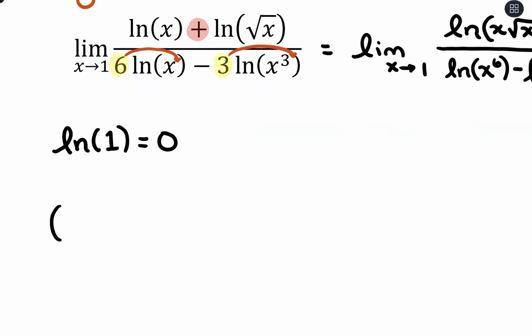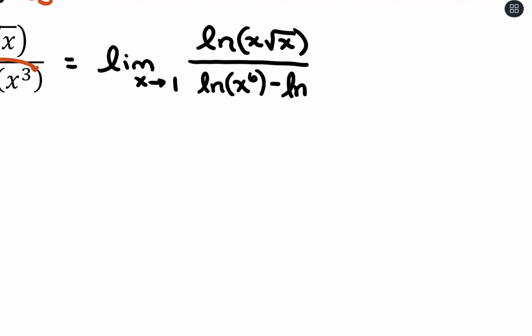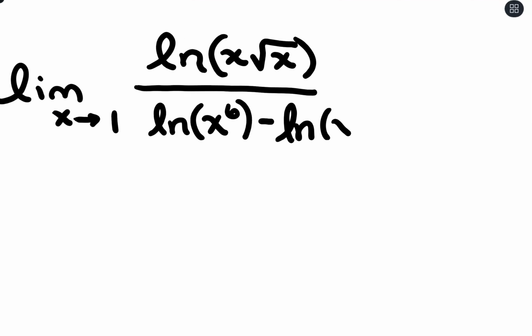So we'll have x cubed, and when we have a power to a power, we multiply. So that's really going to be the logarithm of x to the 9th. Okay, so that numerator is pretty much done.